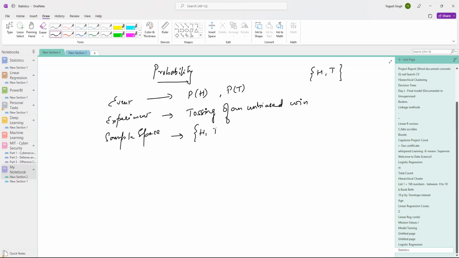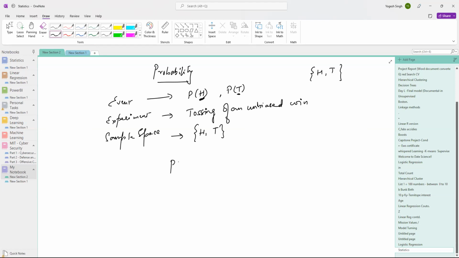So head भी occur हो सकता है, tail भी occur हो सकता है. So all possible events which can occur. So the event is the thing which I am targeting, like a head or a tail. Experiment is whatever experiment is being done to get that event. And sample space is all possible events together.